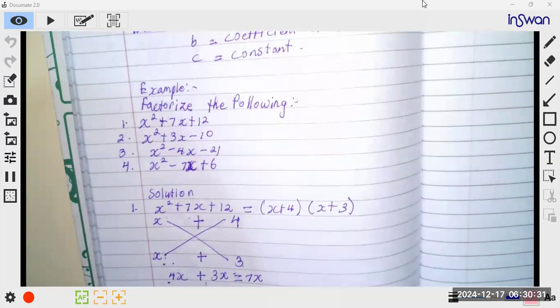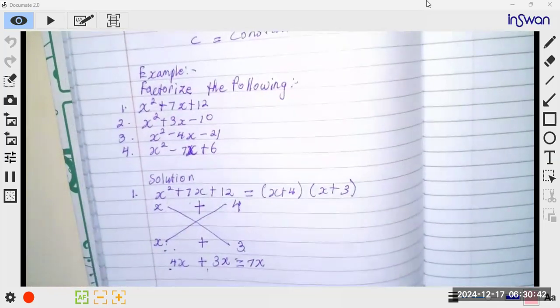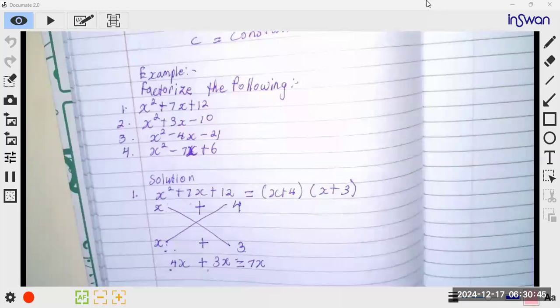Yes, miss. I think this method is easier than the one that I use in school. Yes, it's a different method. But I don't know if your teachers, you see, sometimes some teachers don't like it this way. They like it another way. So do you all understand this?